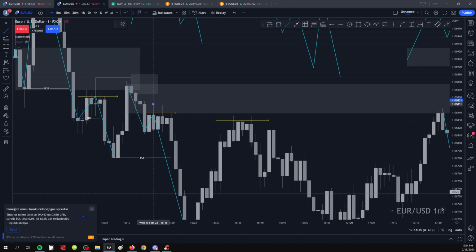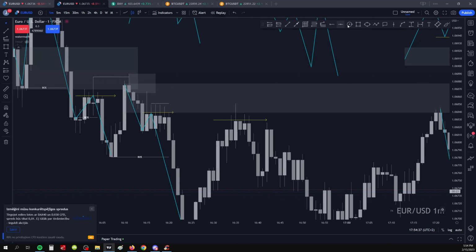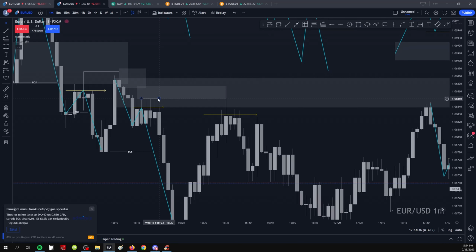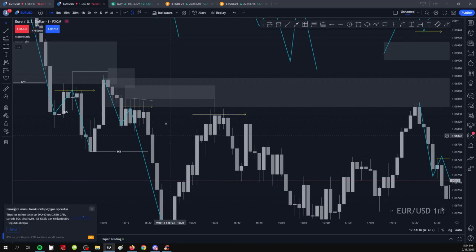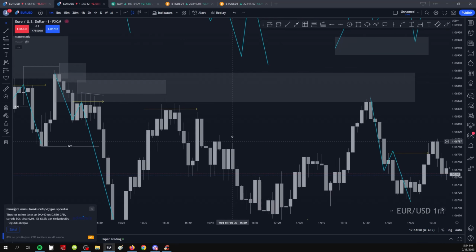So we built some inducements here, and this candle came up to mitigate this candle and take out this liquidity. So this is done. So what is left is only this candle.